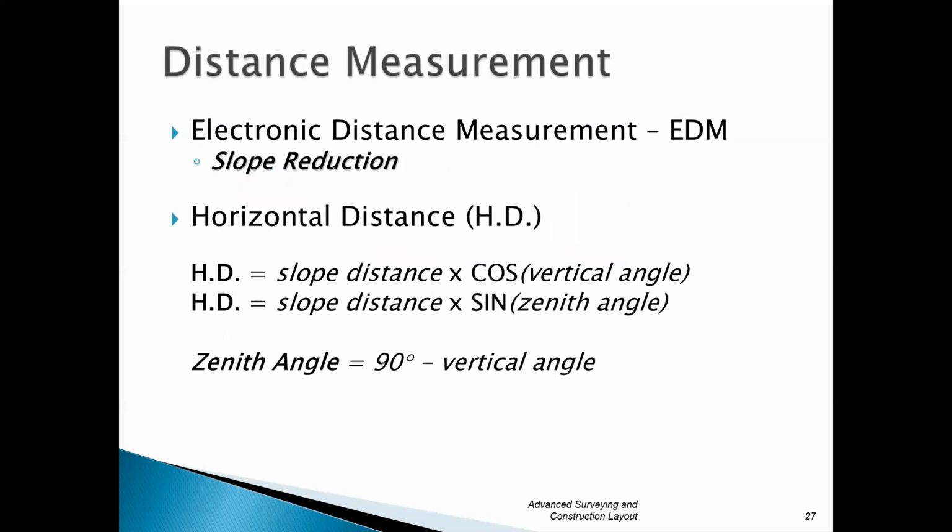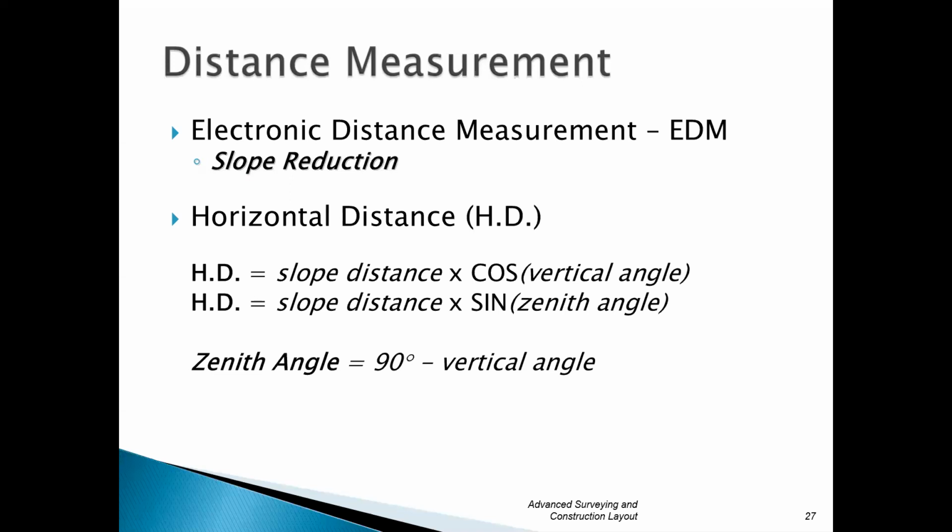Okay, so when we're measuring with an EDM, keep in mind that we said that every time you measure a distance, it's actually giving you a slope distance, not a horizontal distance. And our primary type of layout is a horizontal distance.